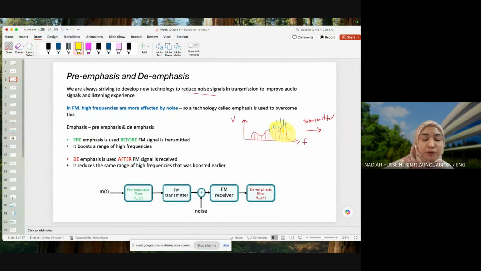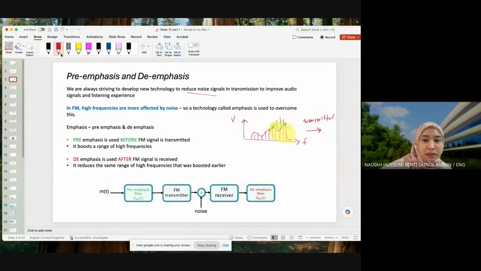How does it behave? We'll talk about it in the next slide. Pre-emphasis is used before the FM signal is transmitted, and it boosts a high range of frequency. De-emphasis is used after the FM signal is received. It reduces the same range of frequencies that was boosted earlier.